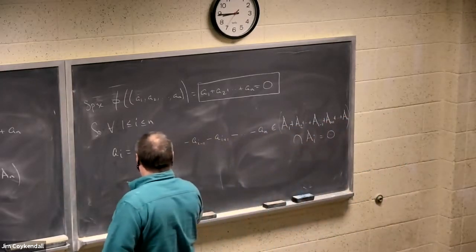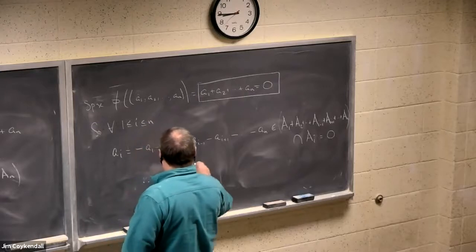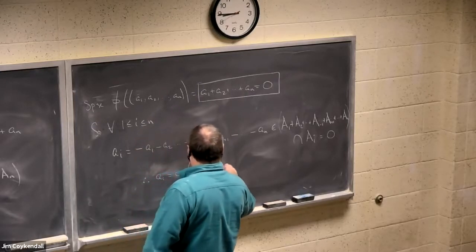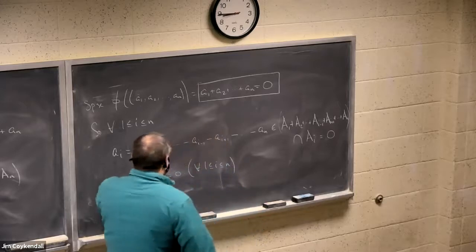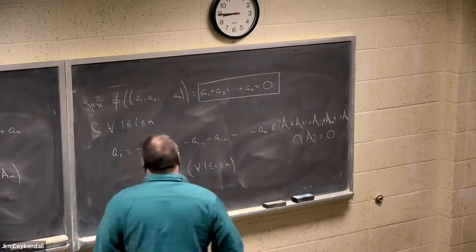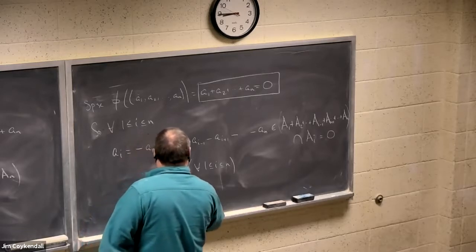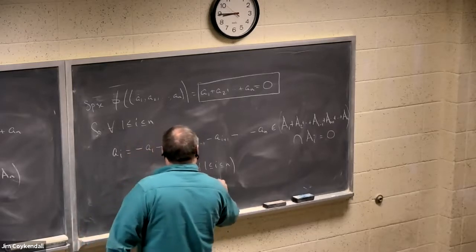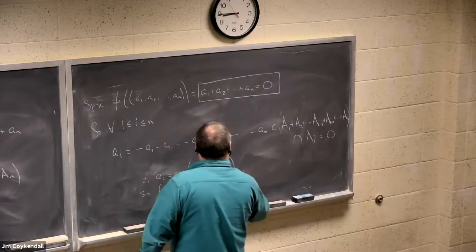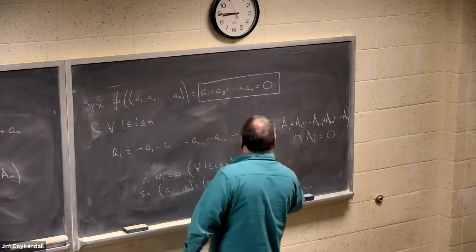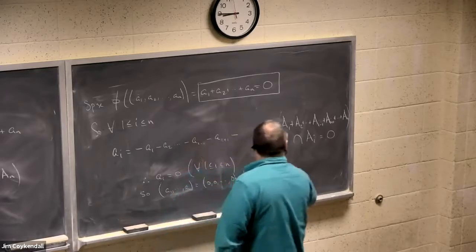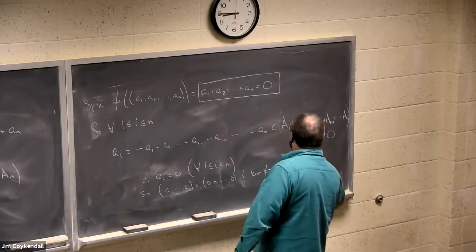Therefore each a_i is 0. So the kernel of phi is trivial, so phi is 1-to-1.